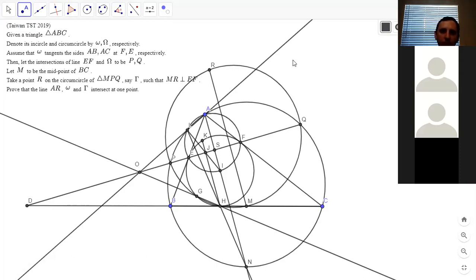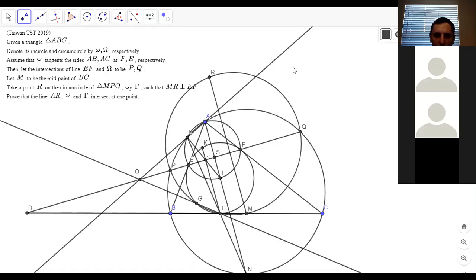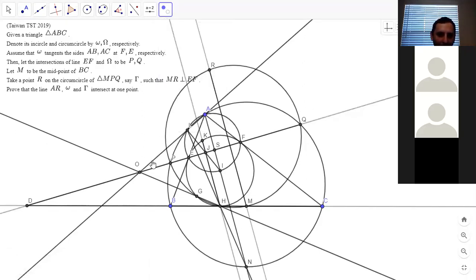So that implies OJES is harmonic, and so OJEF is harmonic. So EGKF is a harmonic quadrilateral, because you project through H onto the circle. That makes sense. Yes. I like it. Nice. It's a good way to do it.